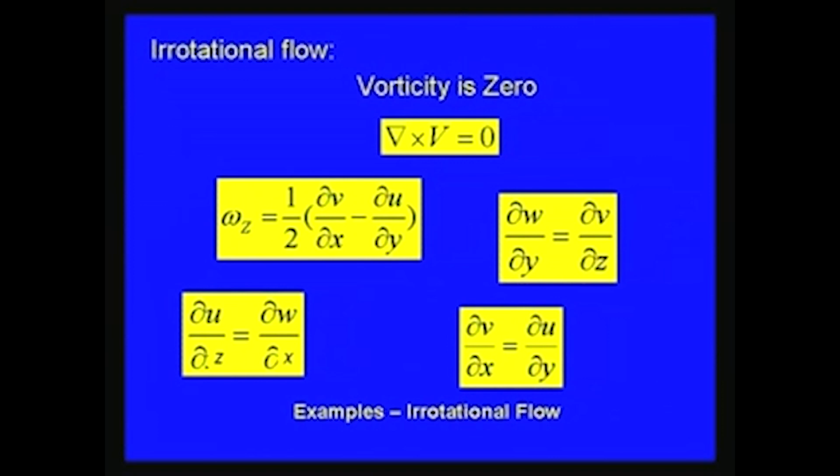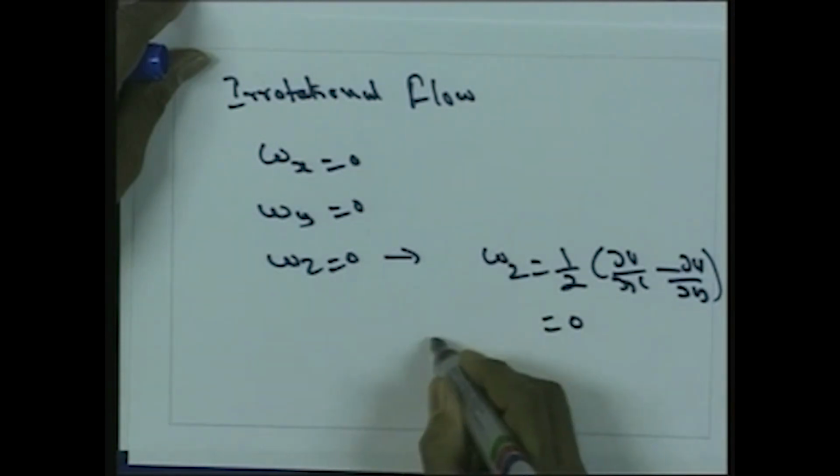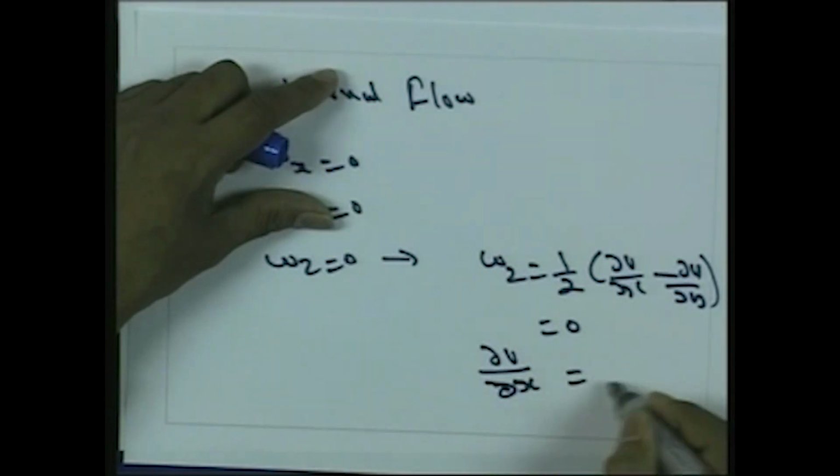Omega z is defined as half of del v by del x minus del u by del y, so that equals 0. That means del v by del x is equal to del u by del y.